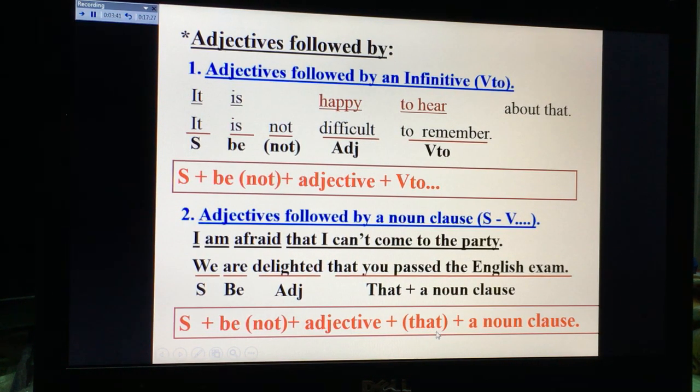A noun clause, we have that and subject and verb. We call it a noun clause. Now remember that. I remind you again. After an adjective we have two things that can follow. The first one is a V2 and the second one is a noun clause.